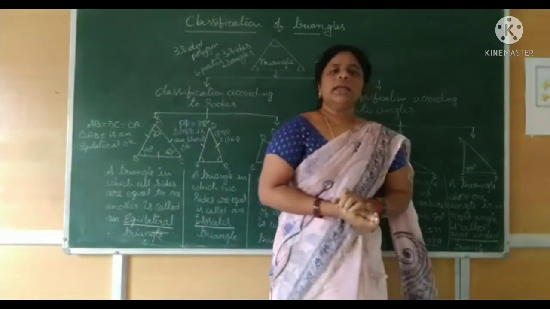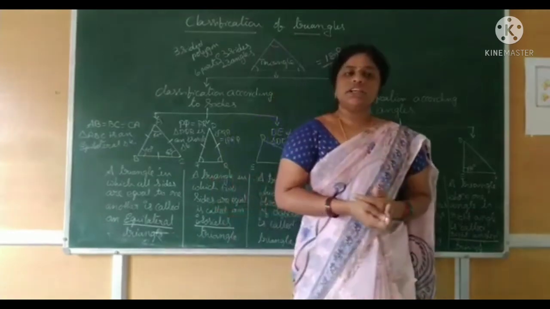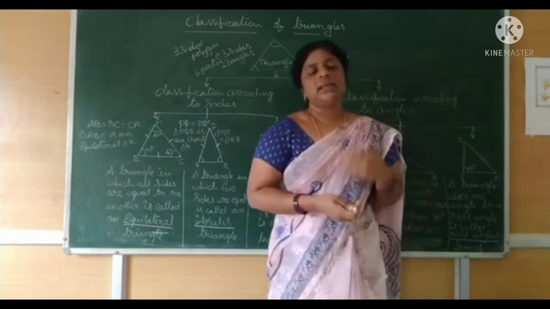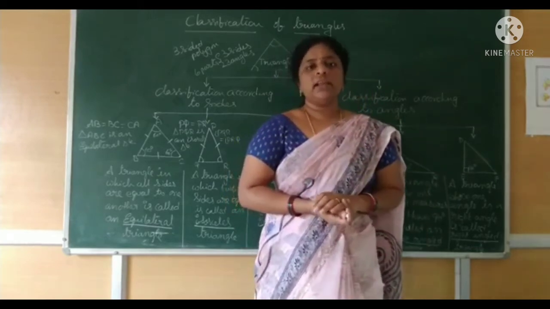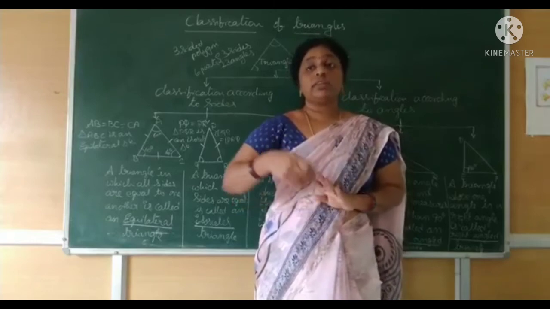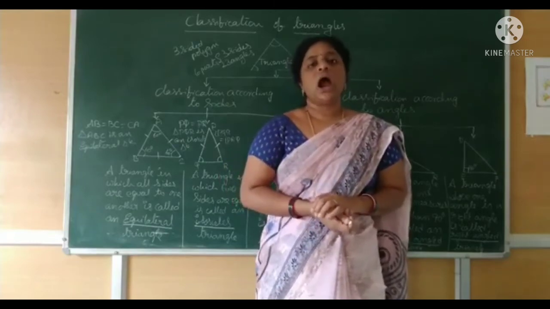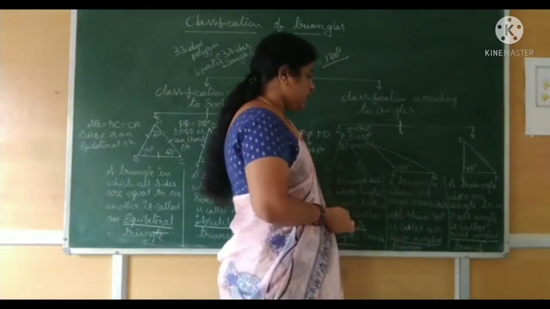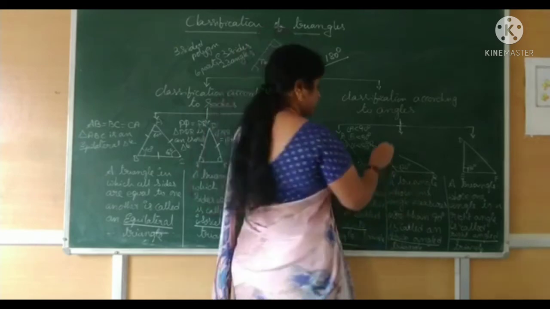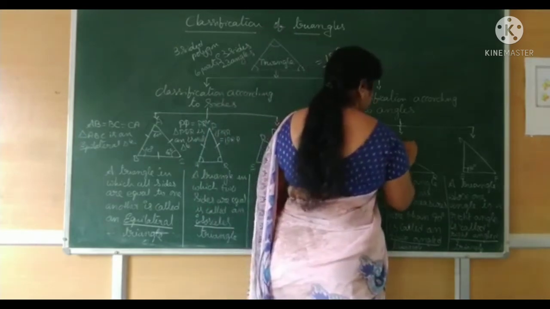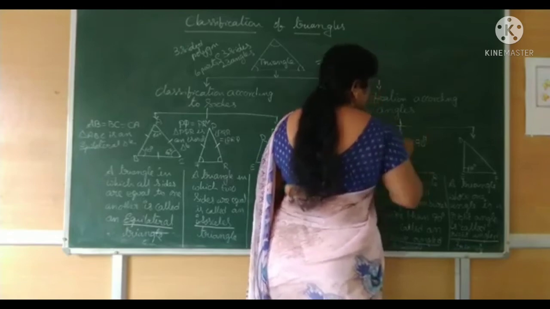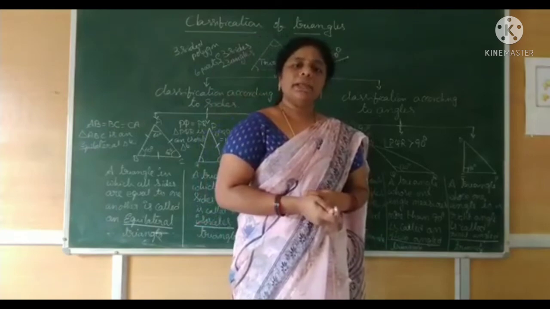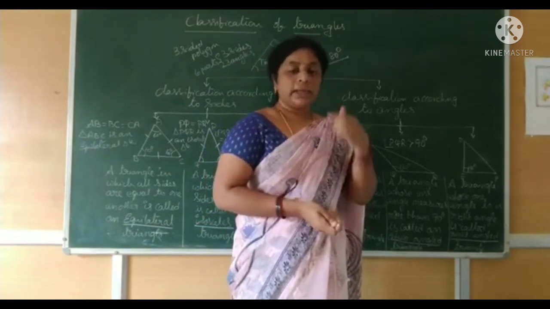Now, obtuse angle. A triangle in which any one of the angles is more than 90 degrees is said to be an obtuse angled triangle. See here, triangle PQR is given. Angle PQR is greater than 90 degrees. So triangle PQR is an obtuse angled triangle, or simply obtuse triangle.